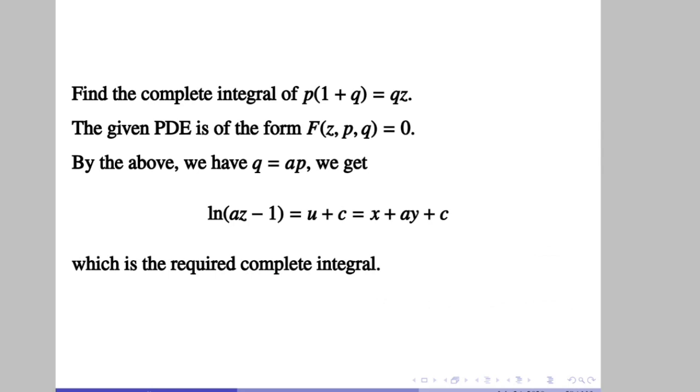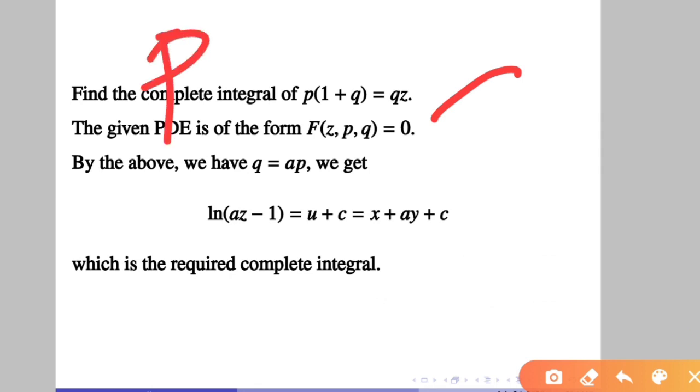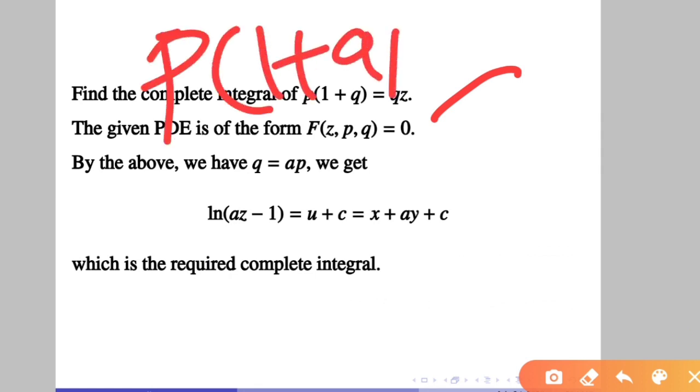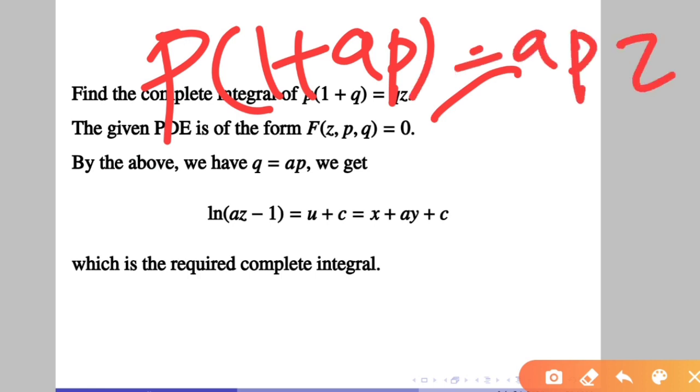So the example is p into (1 plus a) q is equal to qz. So you can write p into (1 plus ap) is equal to apz. So this p gets cancelled.